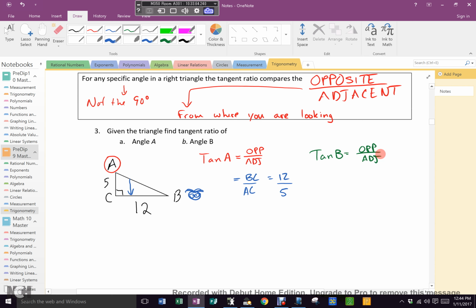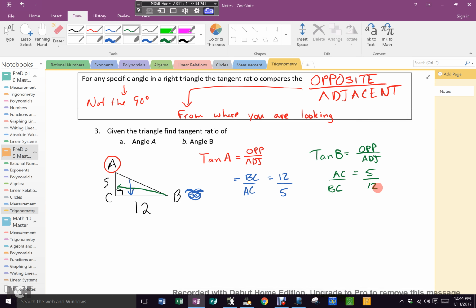But where am I now? I'm in a different spot. What's opposite to me now? AC, which is 5 over BC, which is 12. Do you all see how it works?